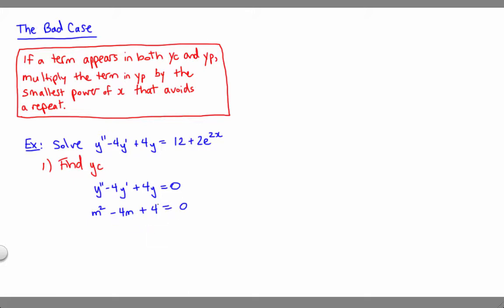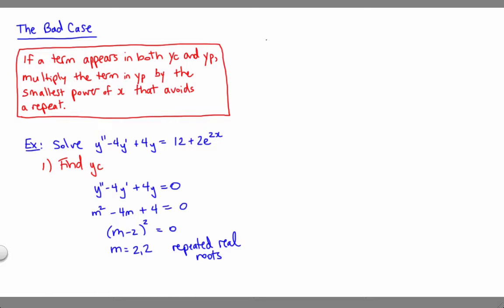Now we can solve this equation either by factoring or by the quadratic formula. I would suggest we factor. That's a perfect square. M minus 2 all squared is equal to 0, which tells us our solutions are m equals 2 and 2. So we're in the situation of repeated real roots.